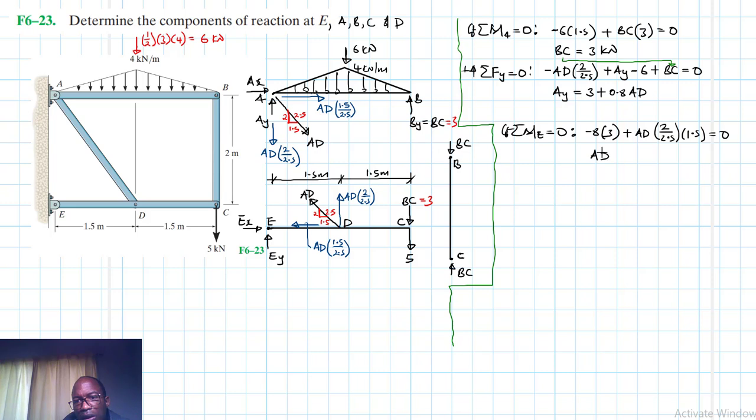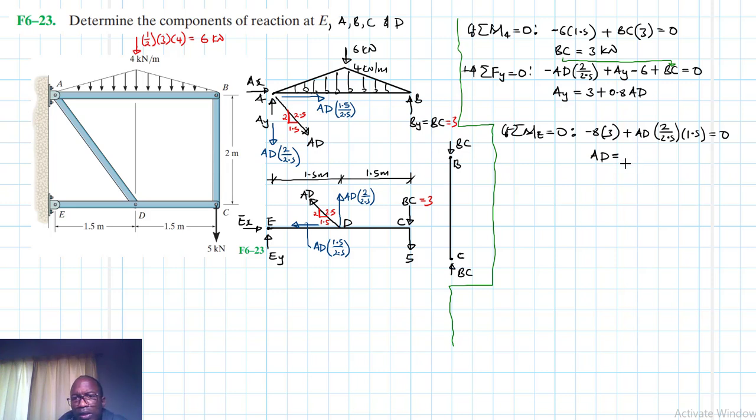And then our AD is just equal to minus 8 by 3 divided by 2 by 1.5 divided by 2.5. Great.